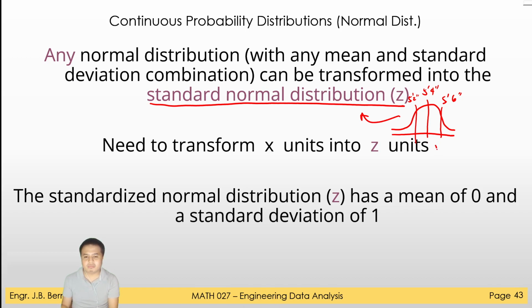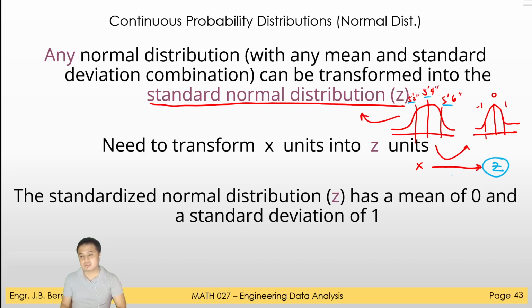If this is your normal distribution, you can make it a standard normal distribution, wherein instead of these values, you will have values like 0, 1, and -1. So instead of x, we transform this into the z variable, and this transformation from the x variable to the z variable leads us to the standard normal distribution.